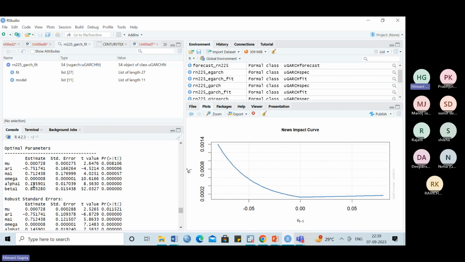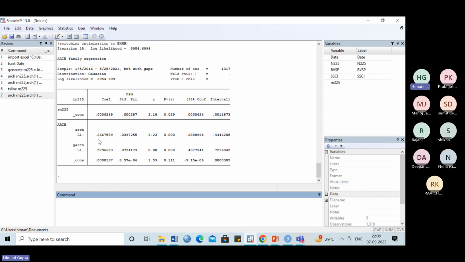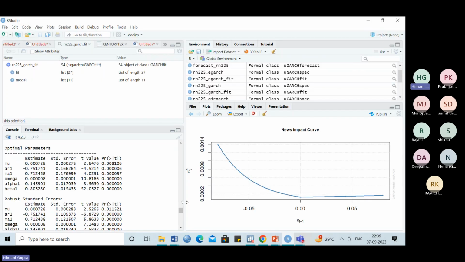My alpha is 0.145 and beta is 0.803. But in Stata, my answer is 0.366, 0.579. So sometimes it gives you different results, so you have to be very careful in this. Otherwise, for each and everything, we get the same result, but in Stata, some results are different.